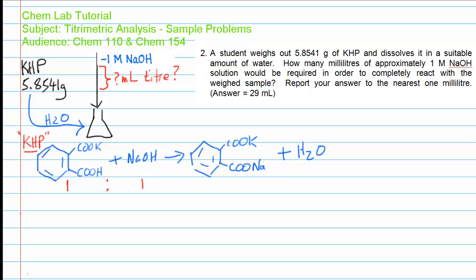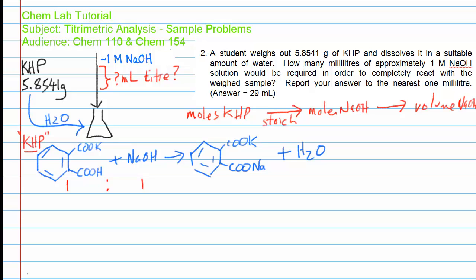So if we take a look at the route that we need to take to solve this problem using a dimensional analysis type of approach, we will need to calculate the moles of potassium hydrogen phthalate, and then from there we can determine the number of moles of sodium hydroxide needed to neutralize that. And we do that through the known stoichiometry of the reaction. And once we know the moles of sodium hydroxide, we can convert that to the volume of sodium hydroxide.